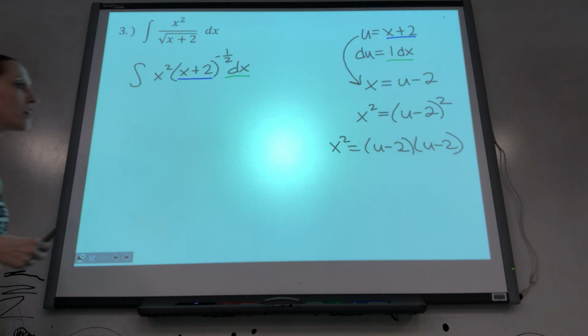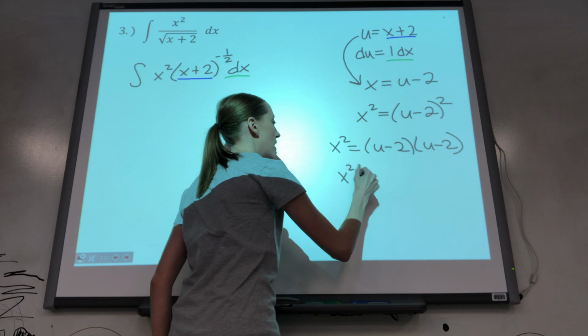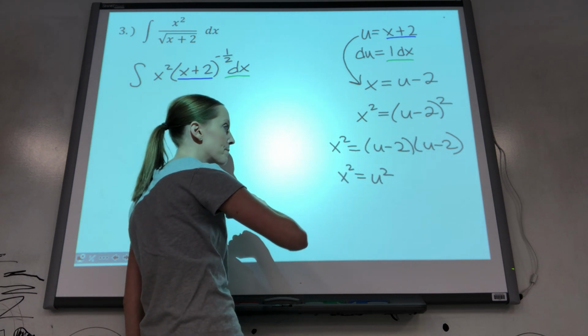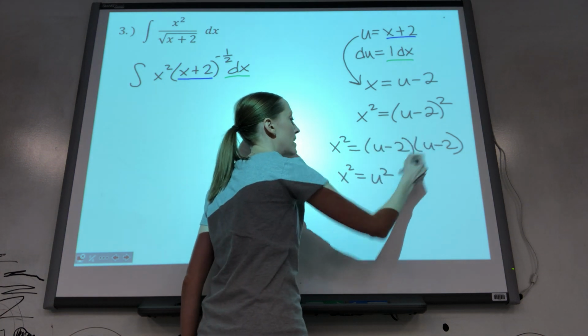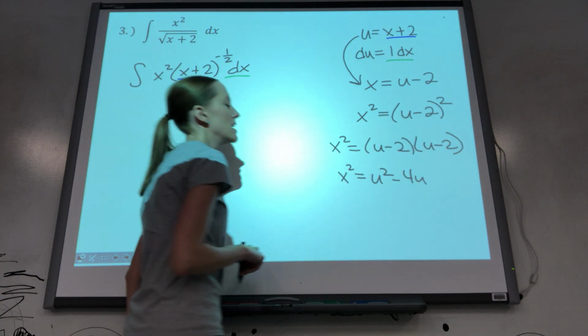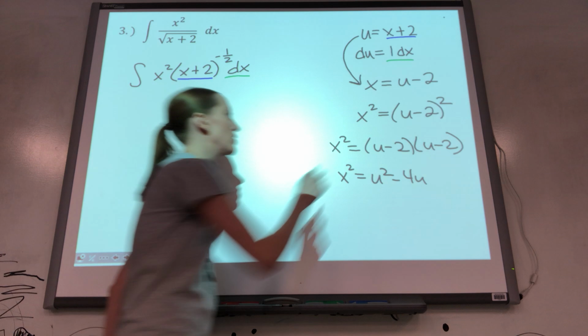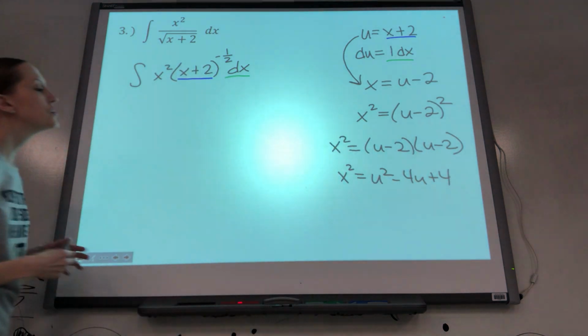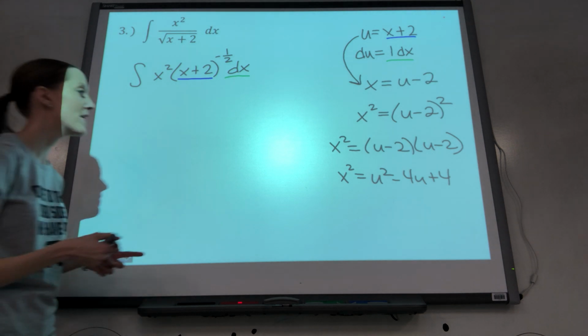We're going to have to FOIL that out and see what it equals. U times u is u squared. For the outer and the inner, those combine to make a negative 4u. And the last terms turn into a plus 4.